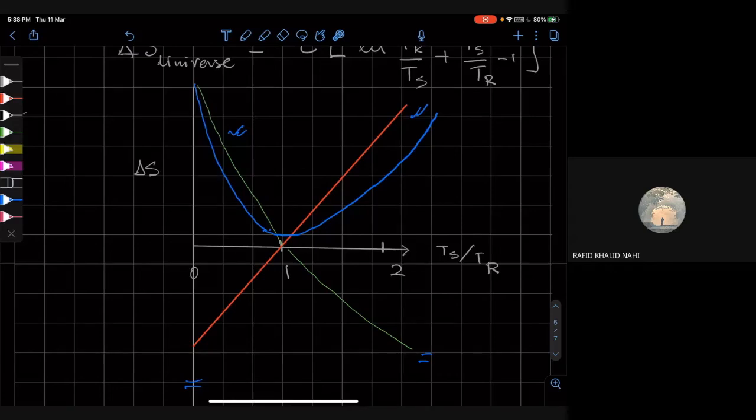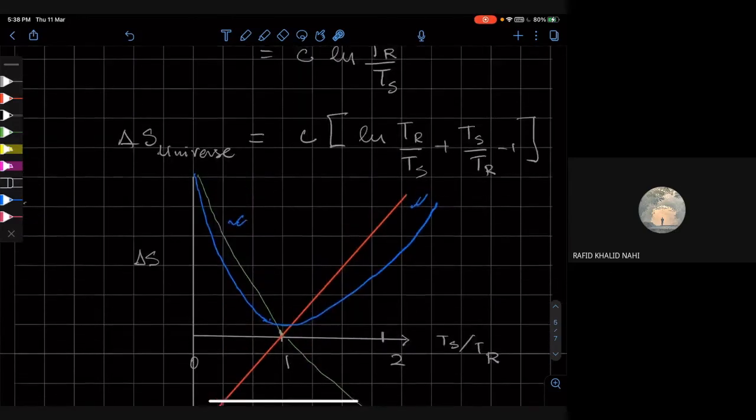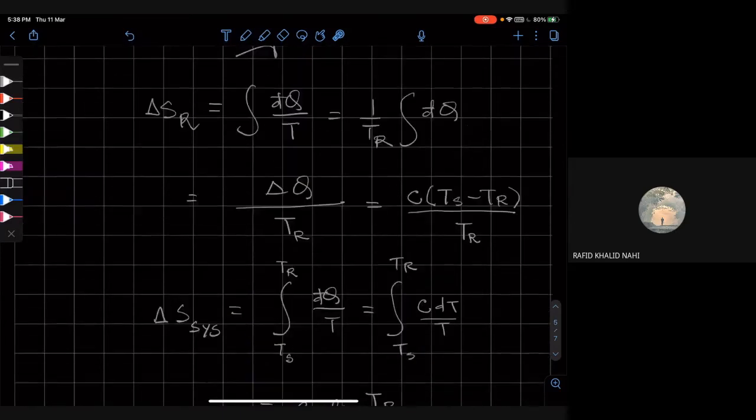As we can see from the expression, this is the change of the entropy for the reservoir, and this can be both positive or negative, because it depends on whether Ts is greater than Tr or vice versa.